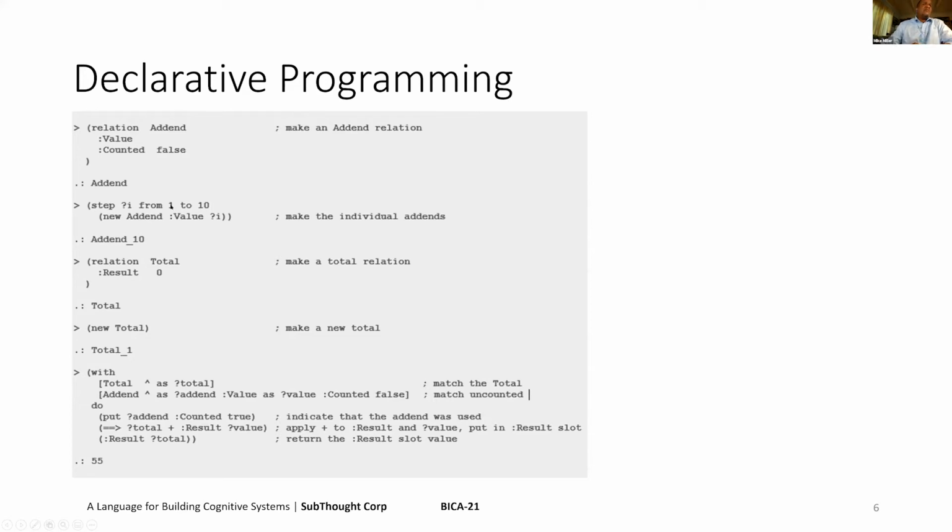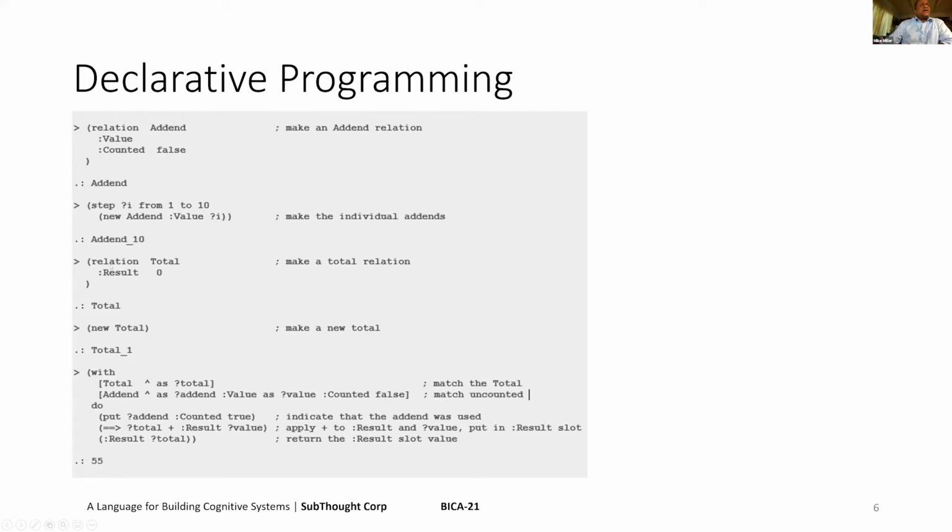Then we can step I from 1 to 10 and create a new addend where the value is I, the value of the index. And so it creates individual addends, and in Premise, when you create a new instance of a relationship, you get the relationship plus the instance number.